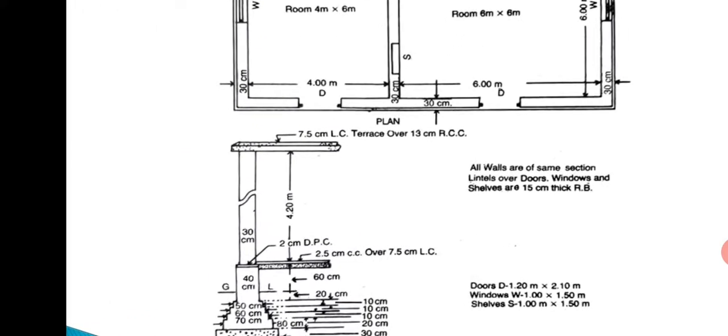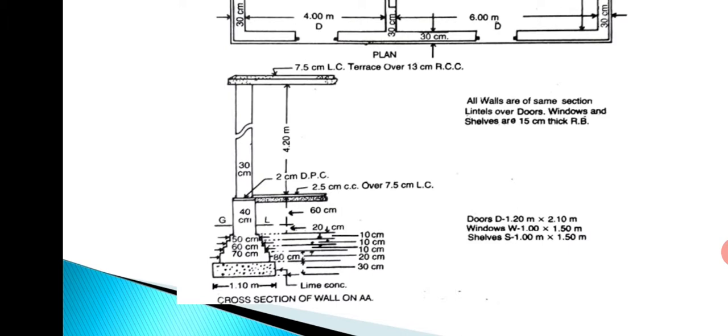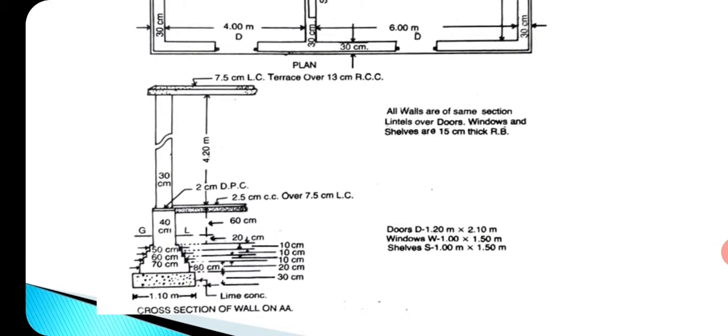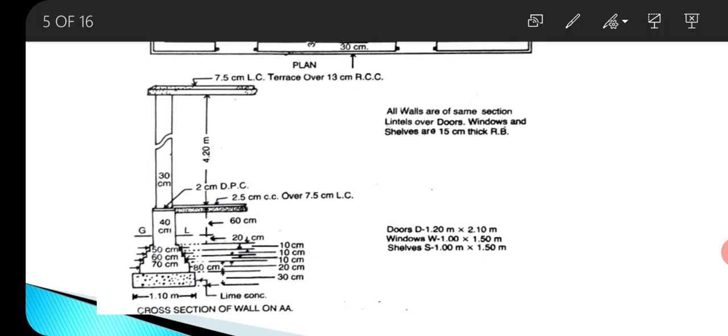As we have discussed in the previous class, brickwork in foundation is a cubic meter item and it has length, breadth as well as depth. The total quantity of brickwork in foundation will include the quantity of brickwork in all the footings as well as the plinth wall.